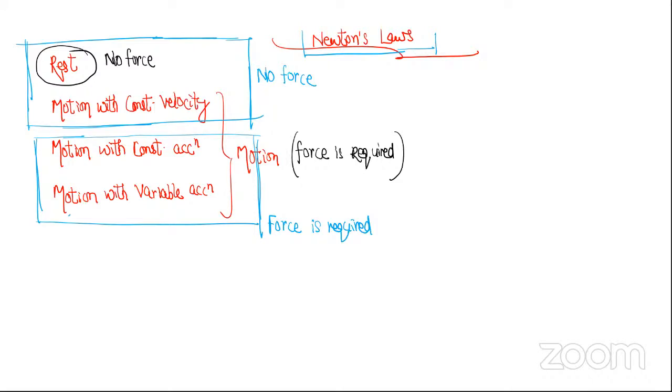If a body is moving with constant velocity, force must not be acting on it. True or false? True. Force is required for producing accelerated motion. True or false? True.